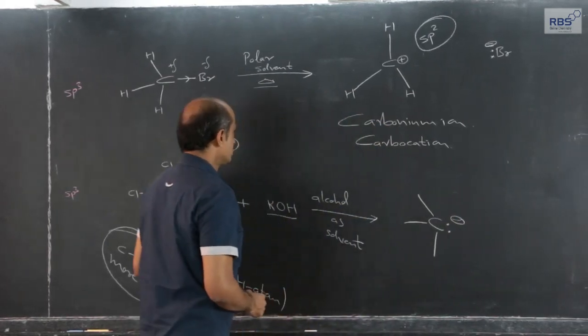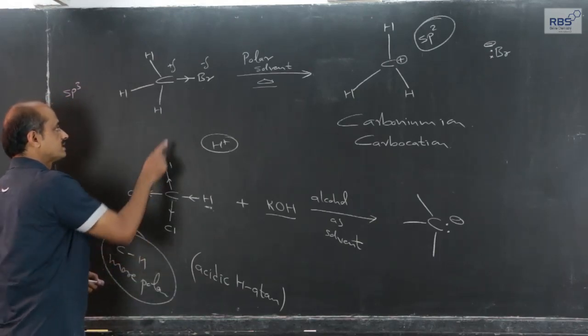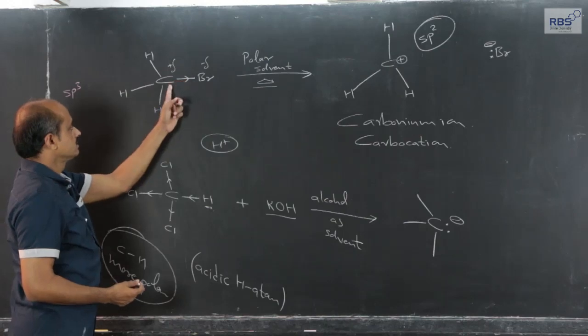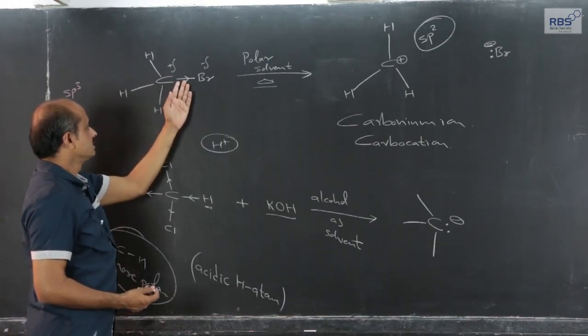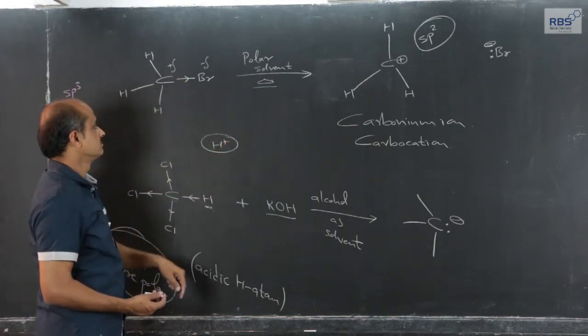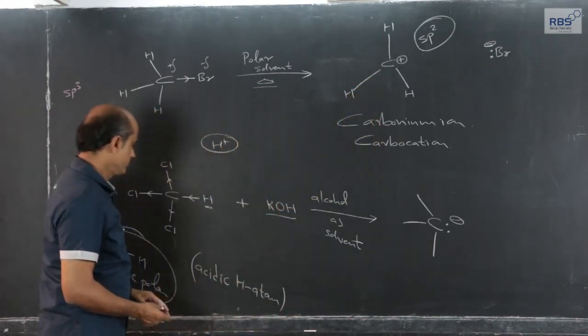Heterolytic breaking had also taken place in this case, but this heterolytic breaking had taken place in such a manner that the electron pair went away from carbon towards bromine, giving rise to positively charged carbon atom, carbonium ion.